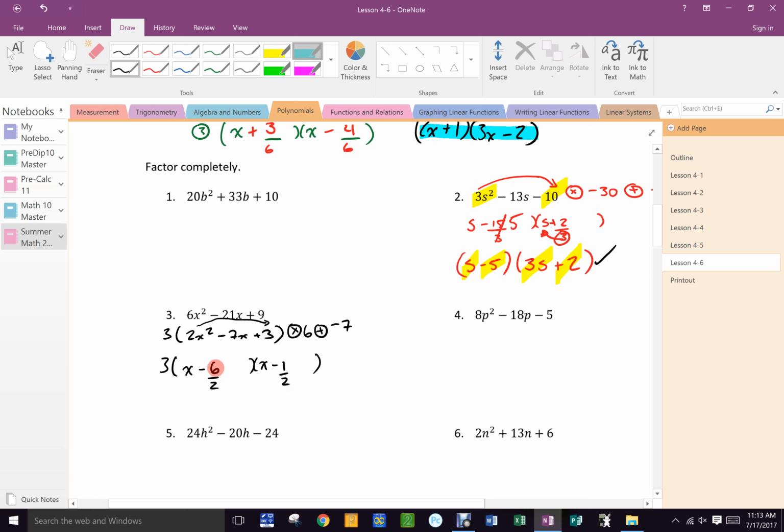Then simplify. What's 6 divided by 2? 3. And what do I do with that 2? Multiply it all by 2, which ends up moving that 2 to the front for a quick little shortcut, right? So I get 3, x minus 3, 2x minus 1. And then we check. Is x times 2x 2x squared?